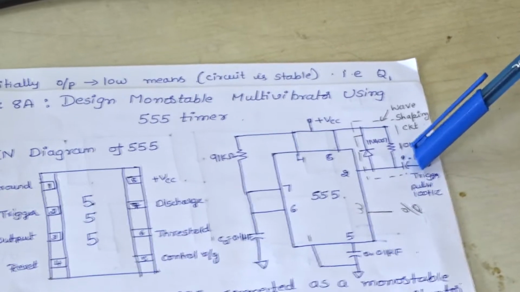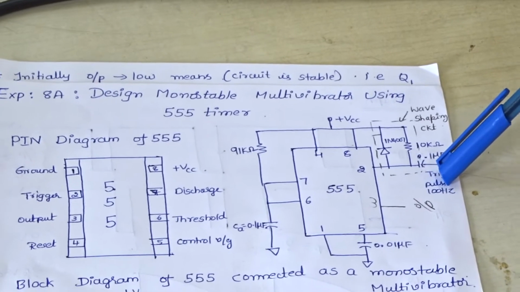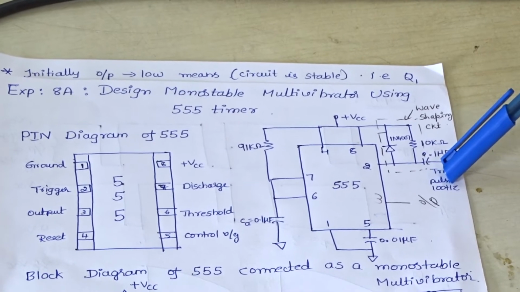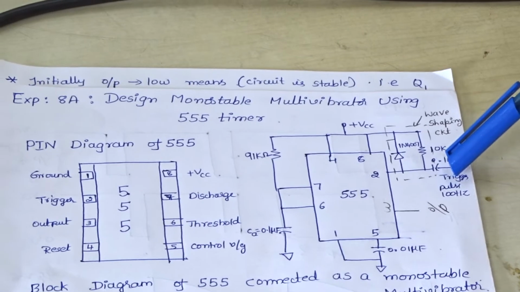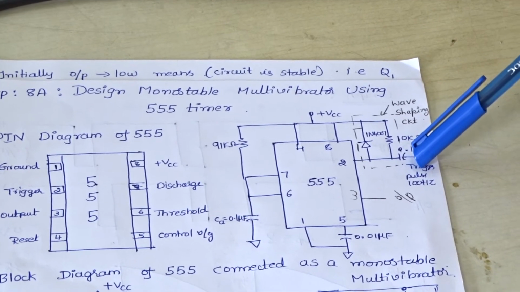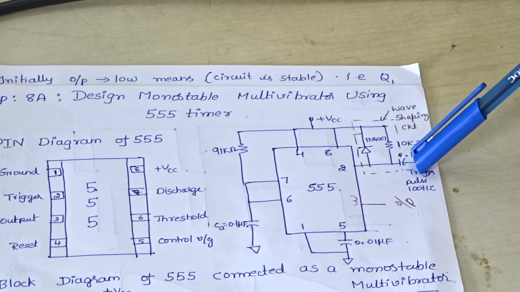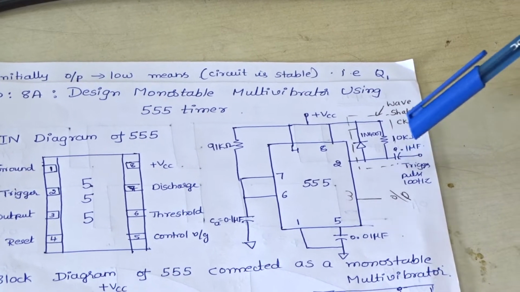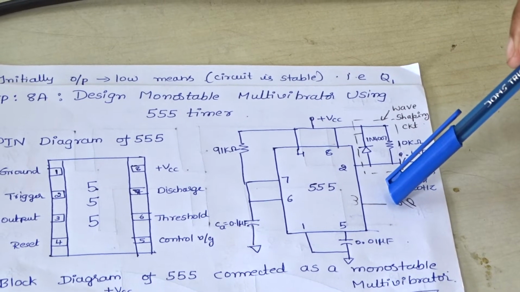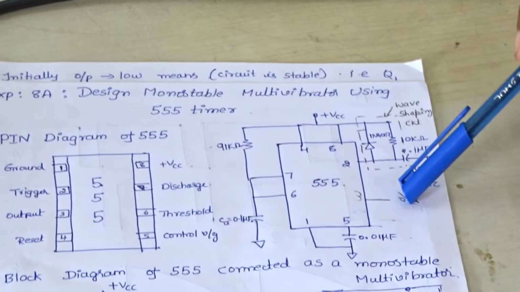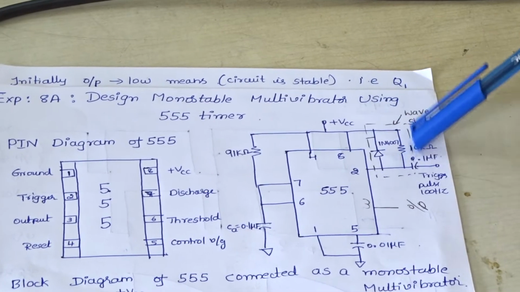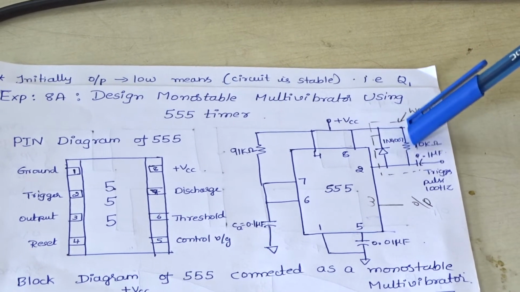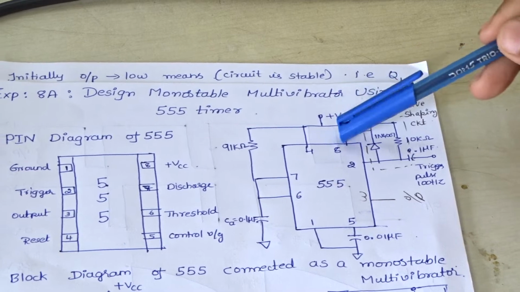A pulse may have 2 types of triggering, positive triggering and negative triggering. Here we will be considering the negative triggering of the pulse. But what happens when it reaches the positive triggering? Suppose we get any false output; in order to avoid that, this wave shaping circuit, that is the diode and the resistor, is included here. And the 4th pin and 8th pin.